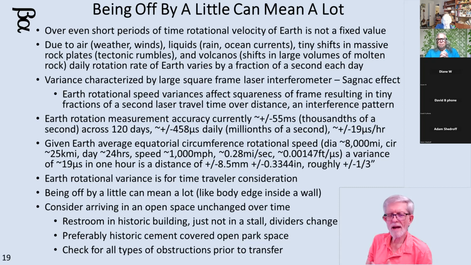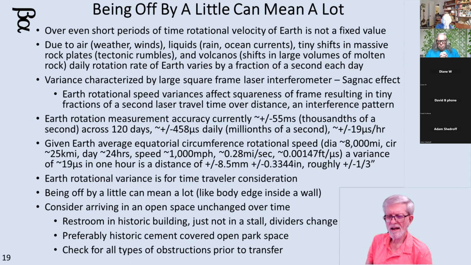How much would it change the duration of a day? They actually measured this. Plus or minus 55 thousandths of a second over a 120-day period. Small. Or if you divided it out, it comes out to be about plus or minus 19 millionths of a second per hour. 19 microseconds per hour.